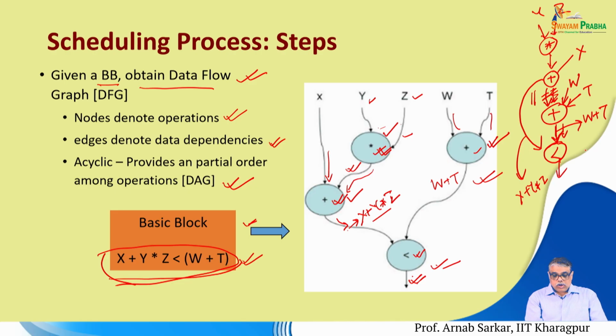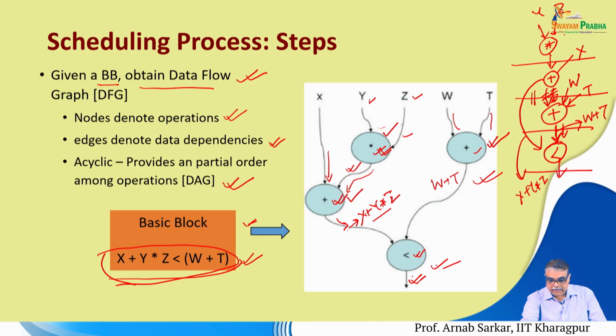Okay. So, if we had a single functional unit that could perform all three, that means the multiplication operation, the addition operation, and the comparison operation, then we could have done this in separate time steps, and this would be a correct partial order.